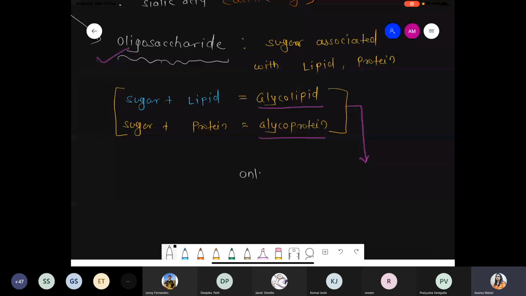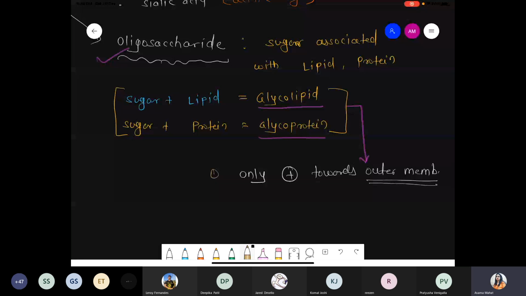Please remember they are present only toward the outer membrane. Always. Question. They are always present toward the outer membrane, because the oligosaccharide can attach with the lipid as well as the protein.